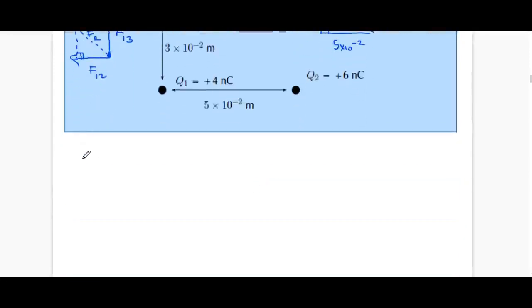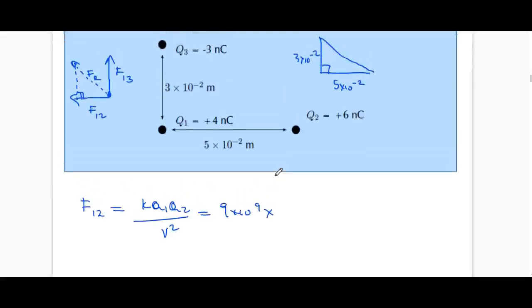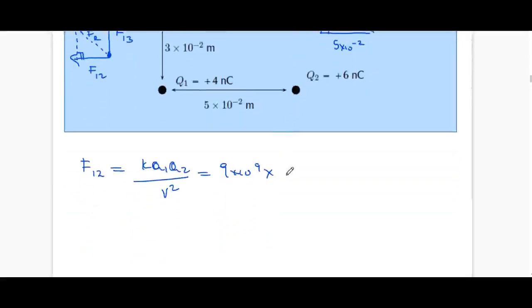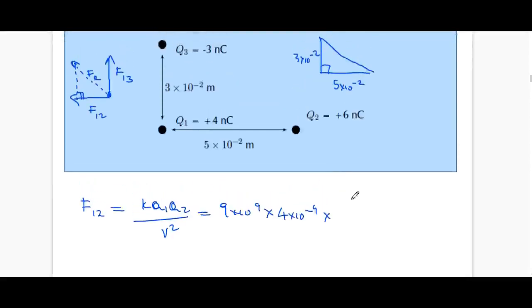So F12 is Q1 Q2 divided by R squared: 9 times 10 to the power 9 multiplied by Q1. How much is Q1? It's 4 nanocoulombs. And then how much is Q2? 6 nanocoulombs. The distance between Q1 and Q2 is 5 times 10 to the power minus 2, all squared.